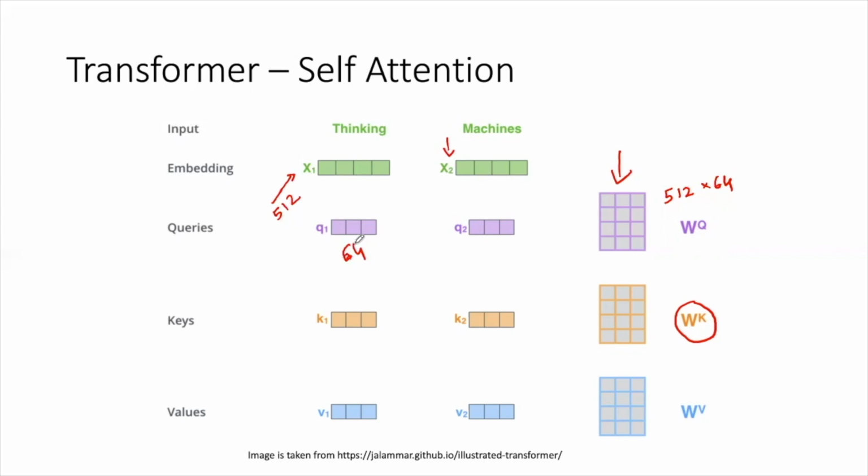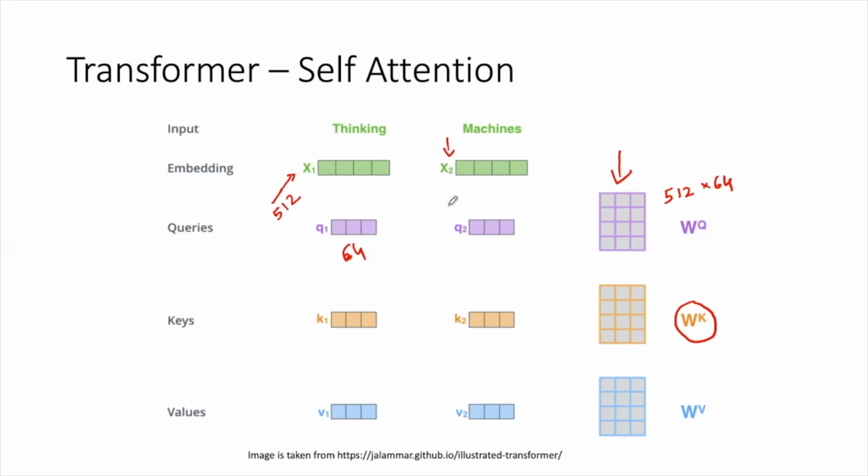So we are actually reducing the size of the input embedding as well. We'll try to understand why exactly we reduce this size, but for now this is one additional benefit. We can also reduce the size.